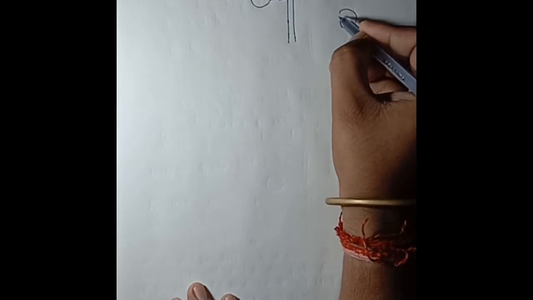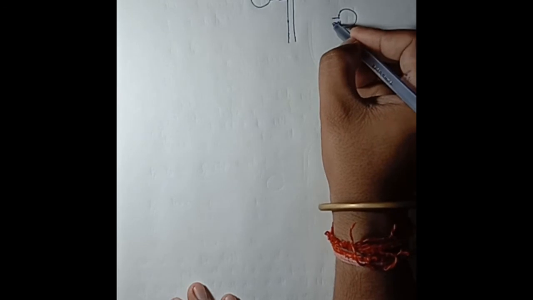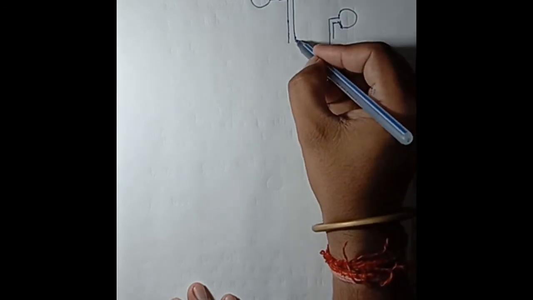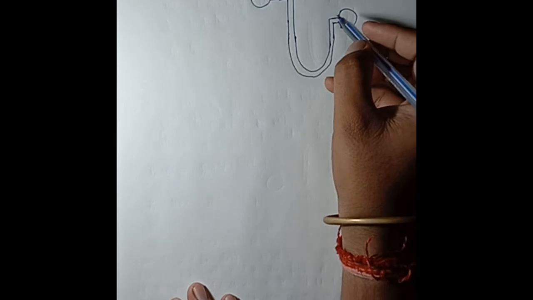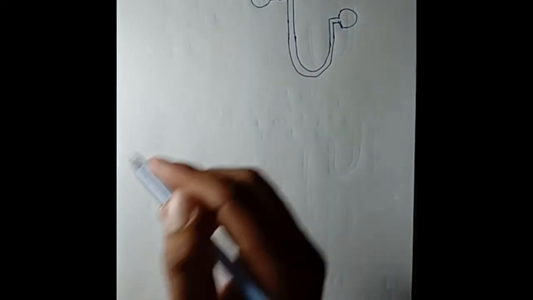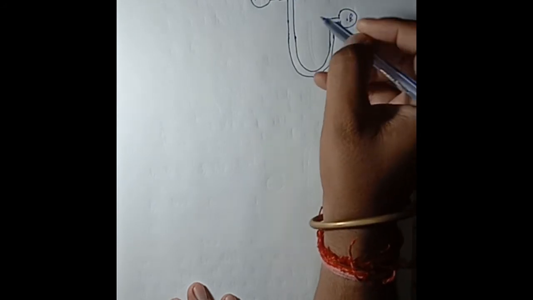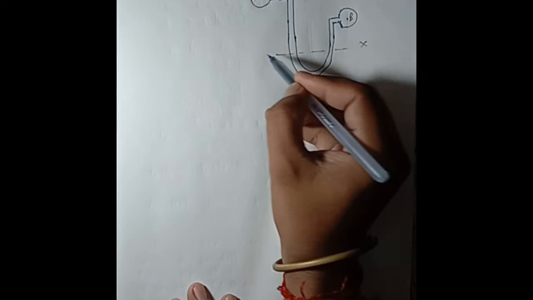Here we draw limb B. Okay. Here limb A, limb B. This is the XX section.